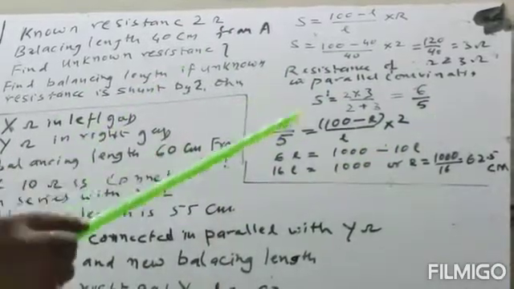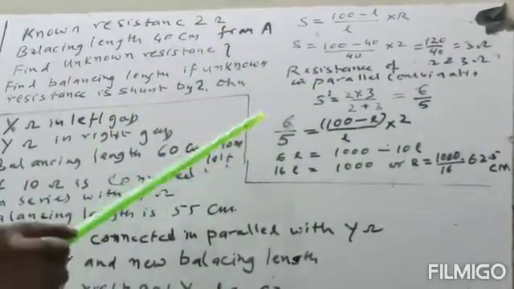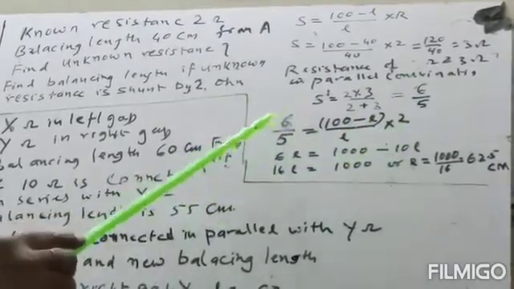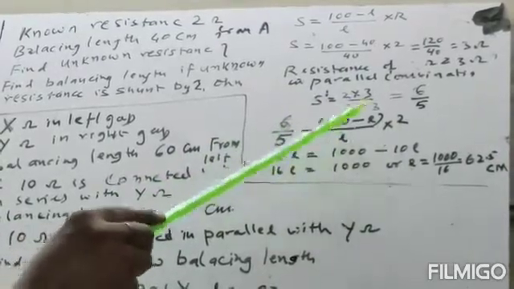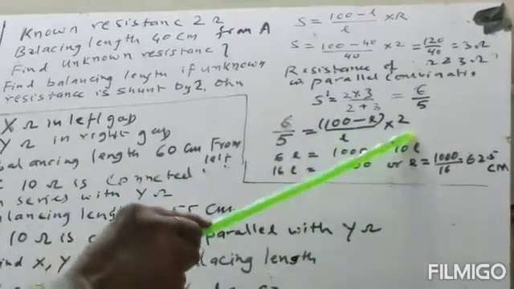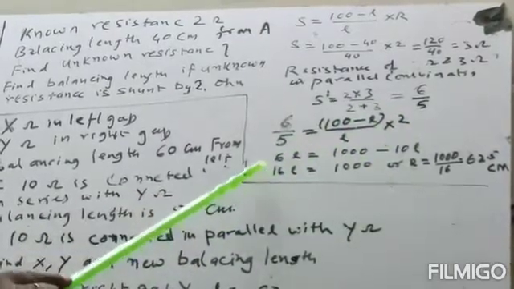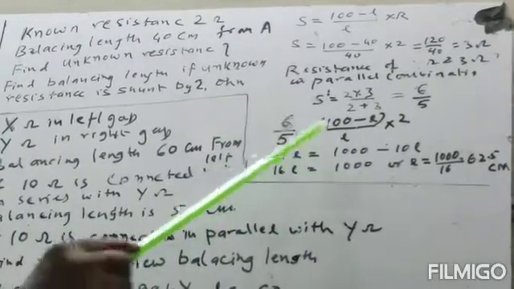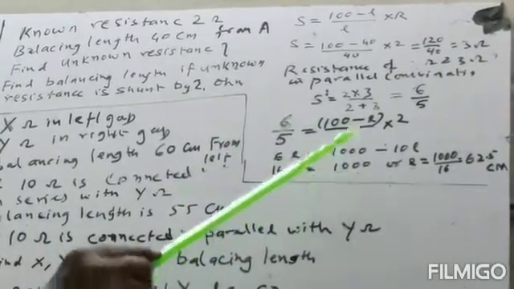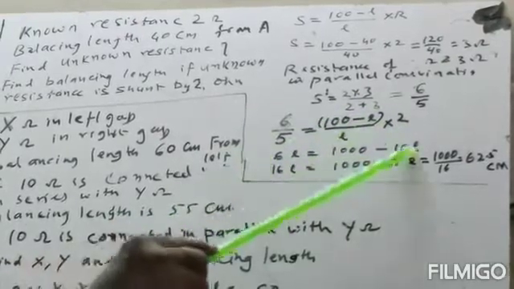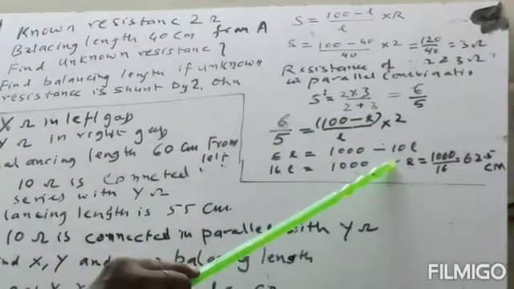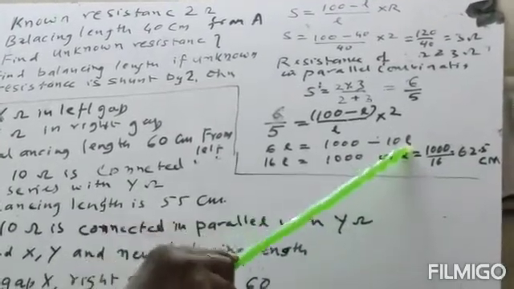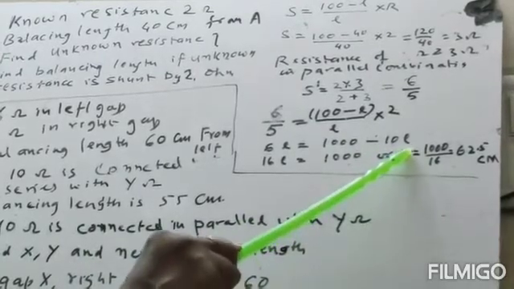So the resistance on the left-hand side is 2 and on the right-hand side it is 6/5, so 2 divided by 6/5 will be equal to L divided by (100 minus L). Multiplying it out, we get 6L equal to 2 into 5 into (100 minus L), that is 1000 minus 10L.